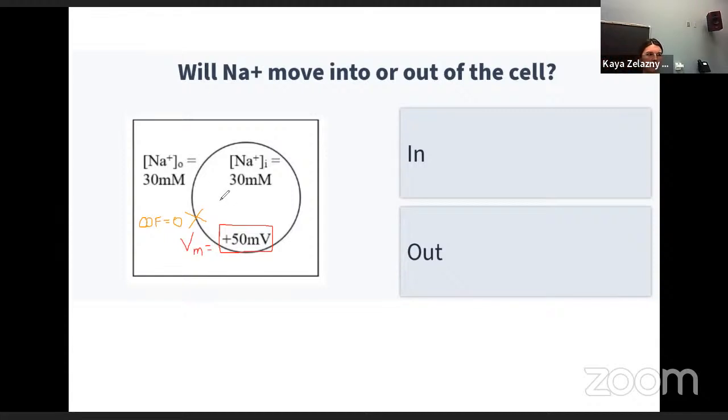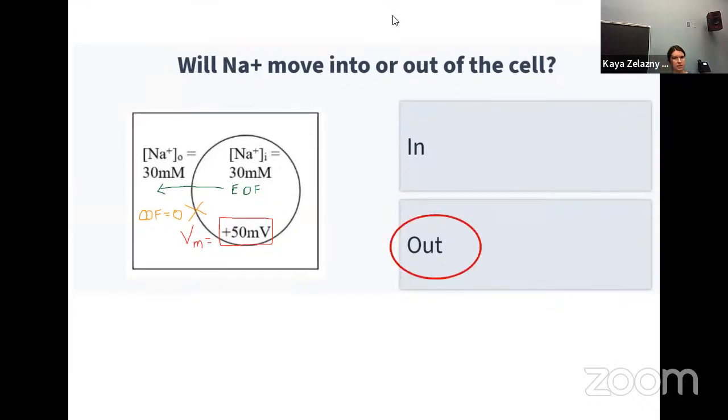Yeah, it's going to go away from it. Positive charges repel each other, like charges repel each other. So if this is all the information we have, they're basically bouncing off of each other. Without any other information, it's going to point out. So our overall movement is going to be out of the cell here.